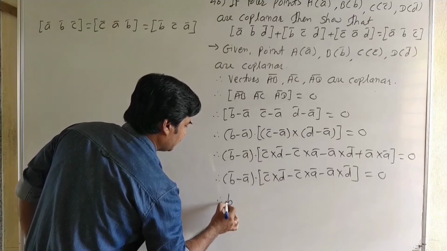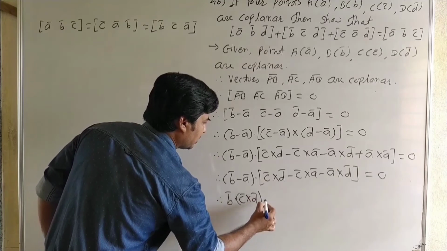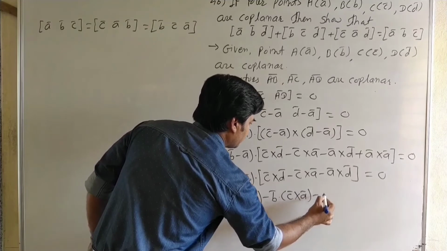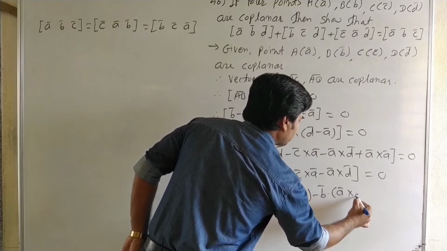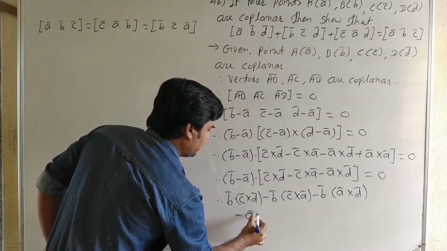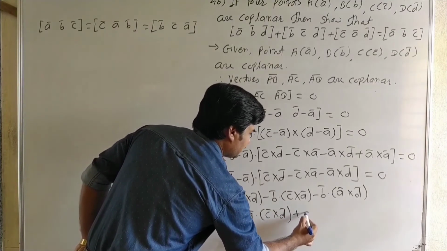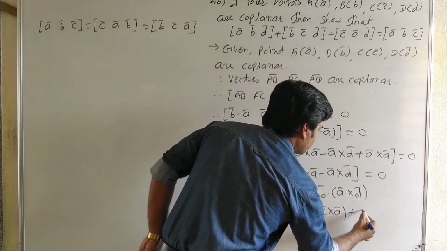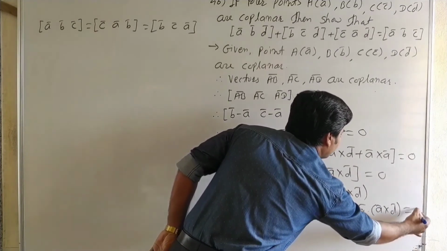Therefore we can write B bar dot C bar cross D bar minus B bar dot C bar cross A bar minus B bar dot A bar cross D bar, then minus A bar dot C bar cross D bar plus A bar dot C bar cross A bar, and again plus A bar dot A bar cross D bar is equal to 0.